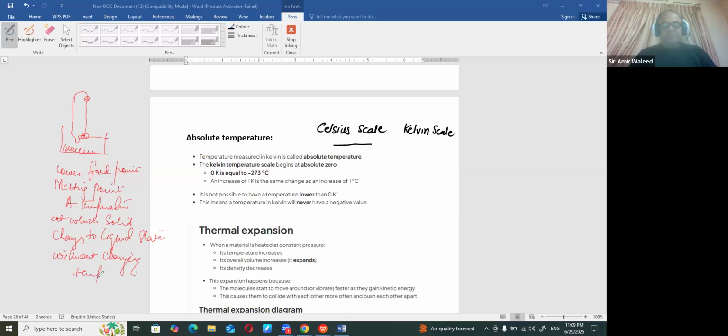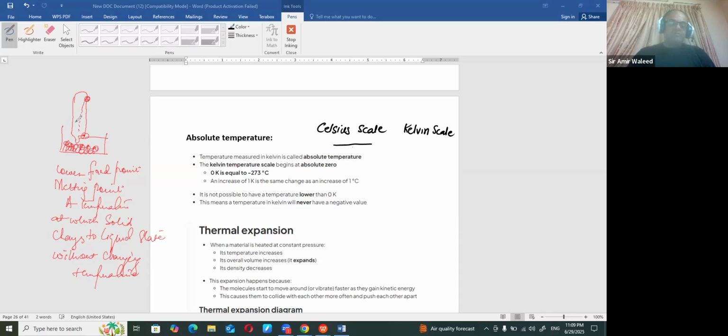This is very important. The temperature is not changing. Whatever heat you are providing at this point will be used to break the bonds of the solid, or you can say to change the solid state into the liquid state. And once all the solid becomes liquid, then the temperature starts increasing.